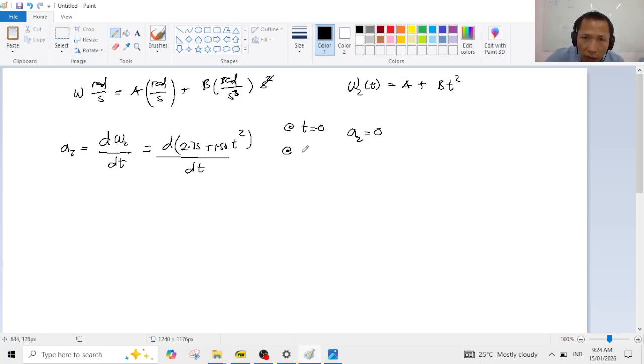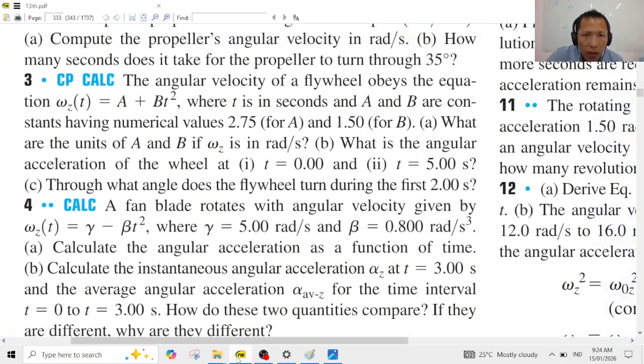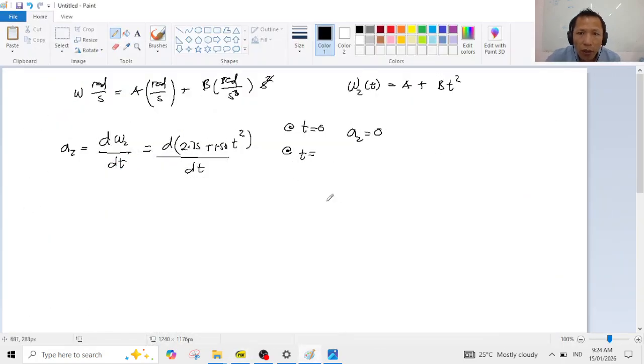At t equals 5 seconds, you input 5. Your answer should be 15, with units of radians per second squared, since we are talking about angular kinematics.